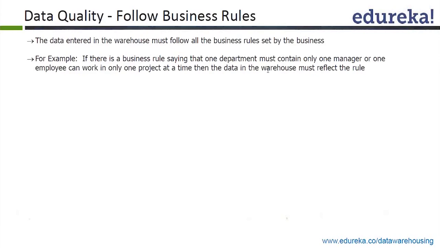If rupees come in, you have to reject them or something like that. So these are business rules you define, basically based on your users' requirements. So these business rules also decide data quality.